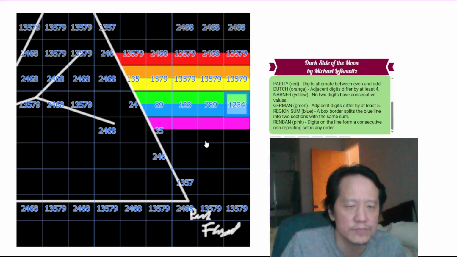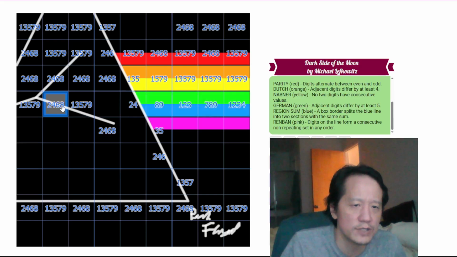Okay. So if this is 4 and 9, this becomes 2, 3, and 8, and that does work. So 4, 9, 2, 3, 8. This would then be 6. Which would be consecutive with 5 and 7. So that does work.